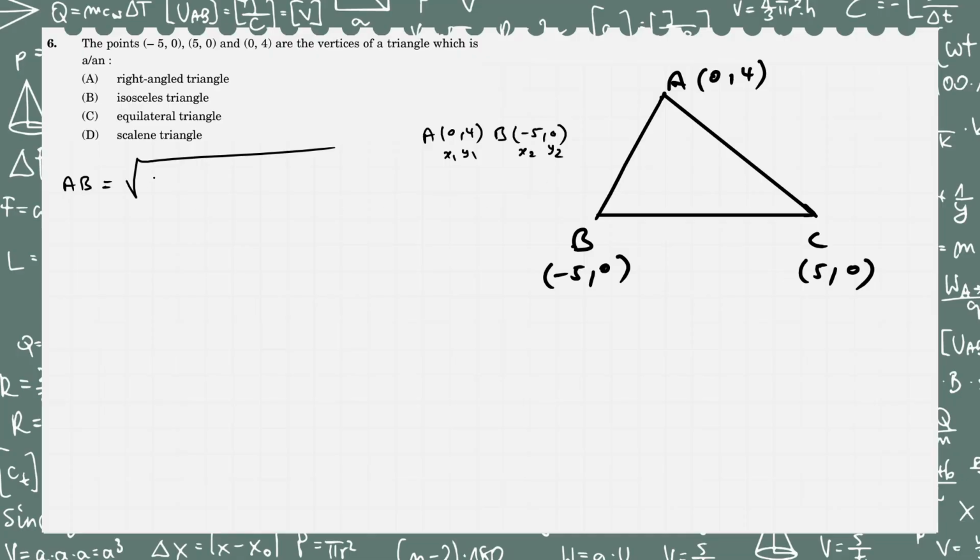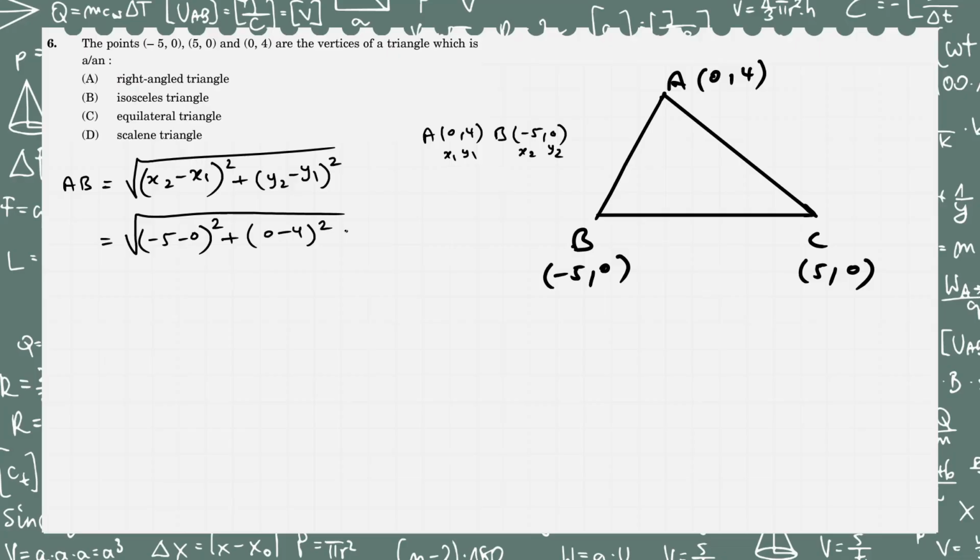So this length will be x2 minus x1 whole square plus y2 minus y1 whole square. So this will be root of minus 5 minus 0 whole square plus 0 minus 4 whole square. This will be root of minus 5 whole square plus minus 4 whole square, which is equal to root of 25 plus 16, which is root of 41.